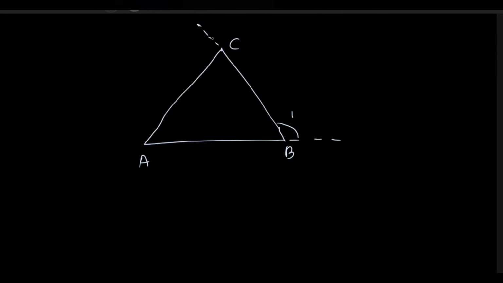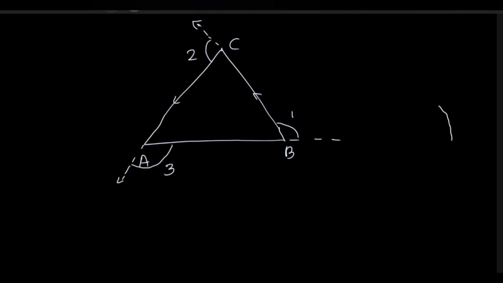Its forward motion is disturbed here, and it takes another turn of angle 2 and travels along CA. At point A, its straight line motion is again disturbed, and it takes a turn of angle 3.